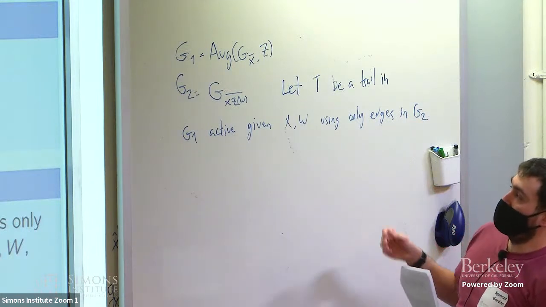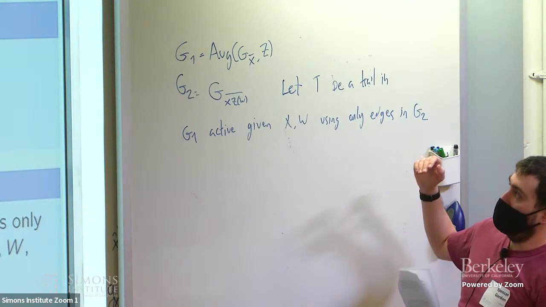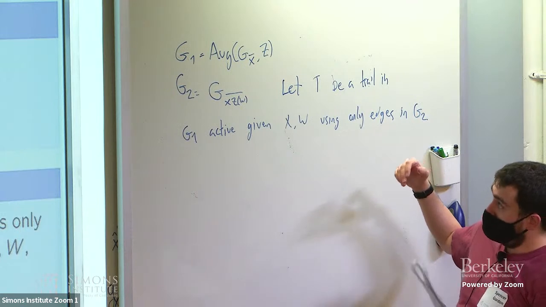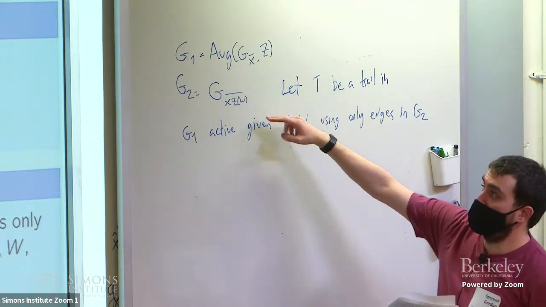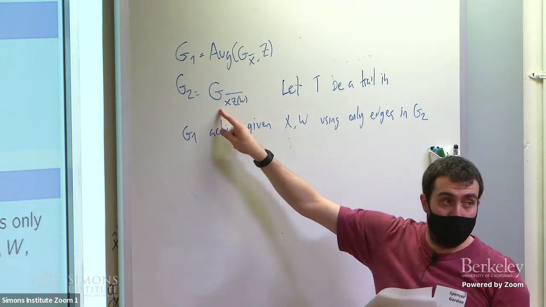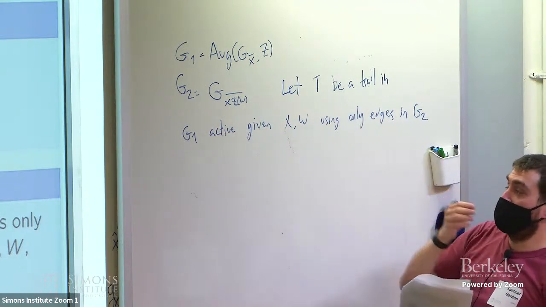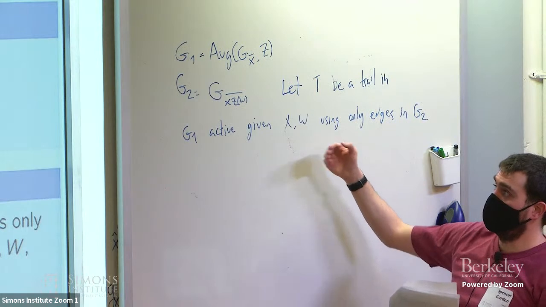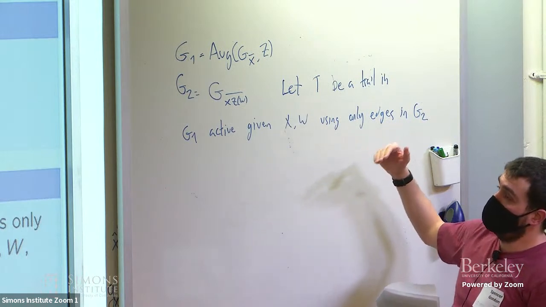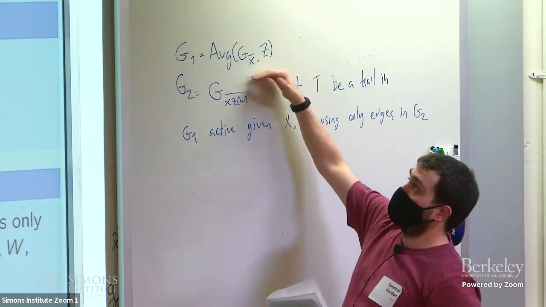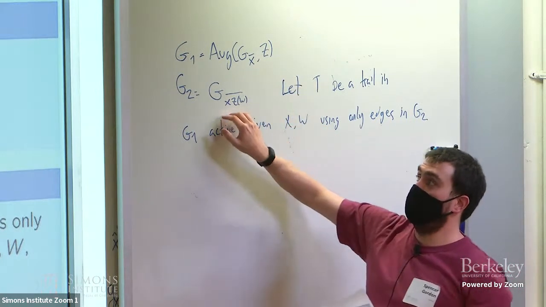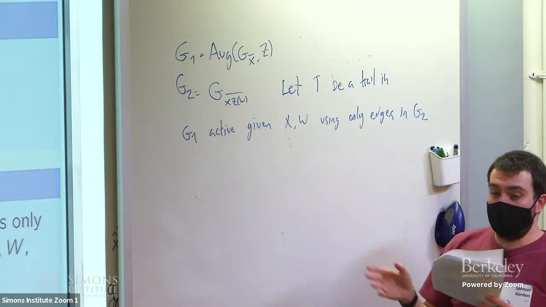The issue here is that I might use only edges from this graph, but the other edges that have been cut might somehow still deactivate my trail. And so the claim is going to be that as long as the trail is active in G1 and uses only the edges that are present here, the other edges you don't have to worry about.